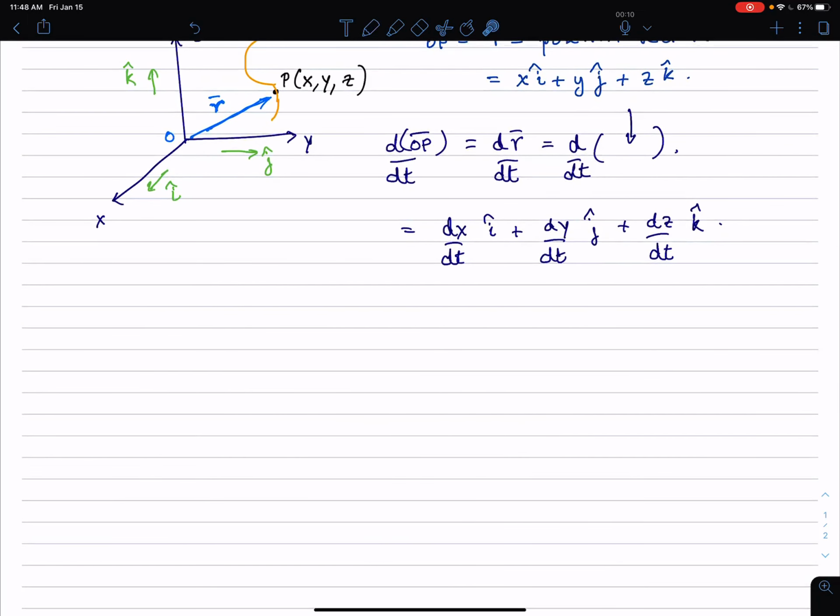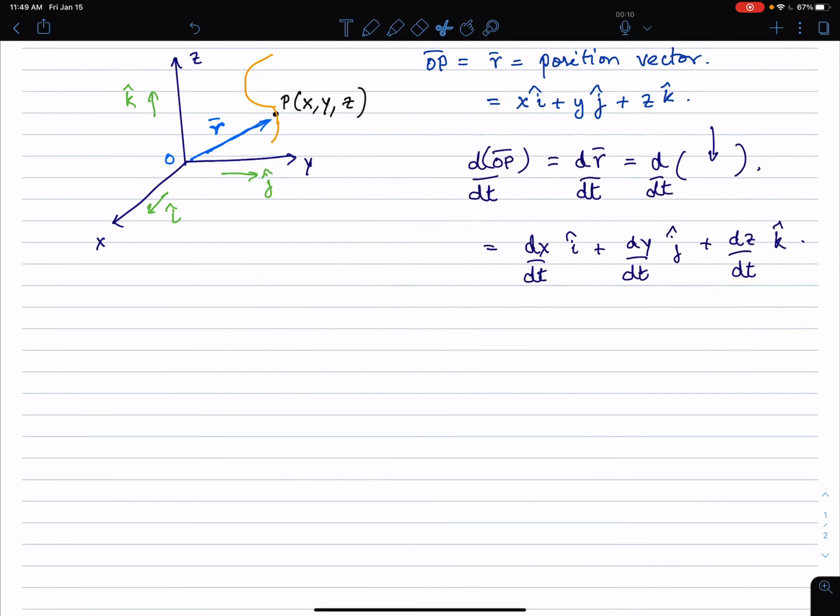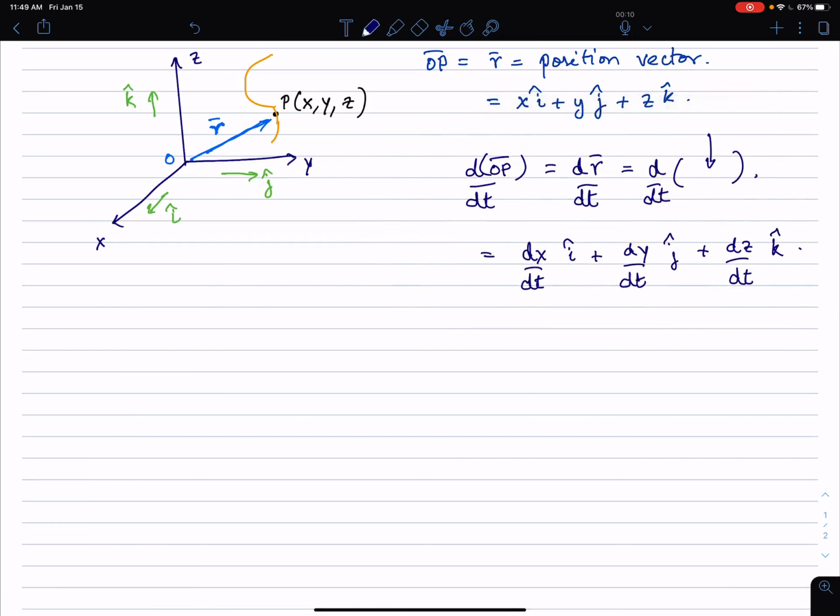So here's something subtle. So we are differentiating each of these terms to get this expression. This is velocity, right? This is velocity.